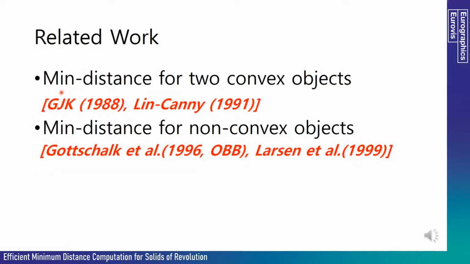There have been many previous results on computing minimum distance for convex objects. GJK and Lin-Kenny algorithm are the most efficient algorithms. For non-convex objects, conventional techniques are based on bounding volume hierarchy of convex bounding volumes, such as OBB and sphere-swept volumes.